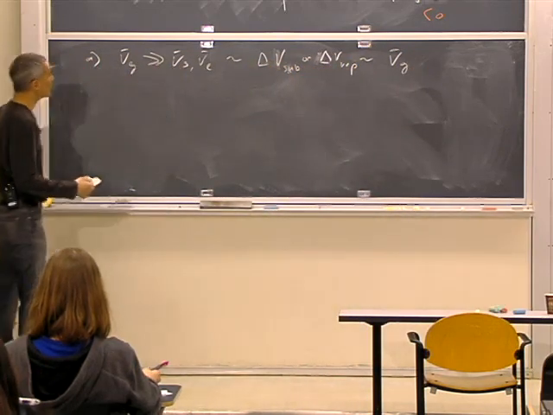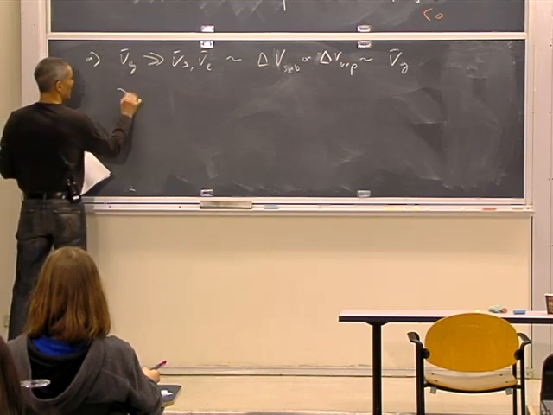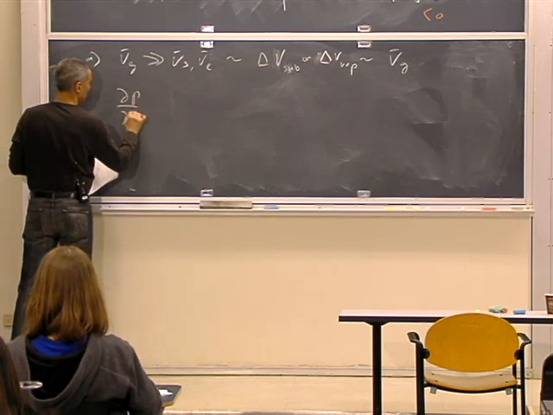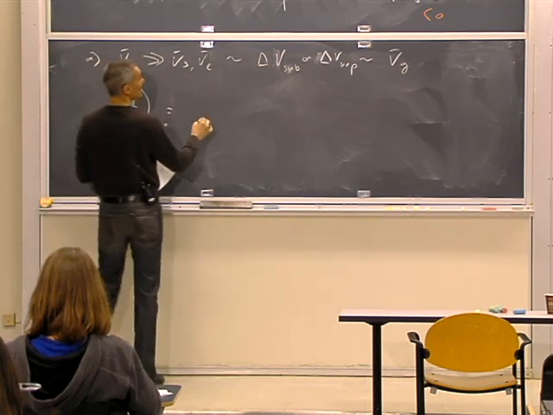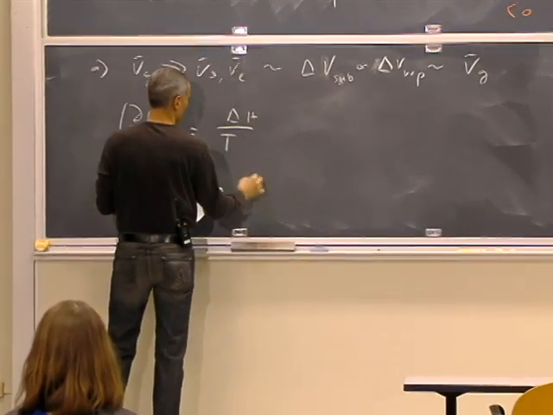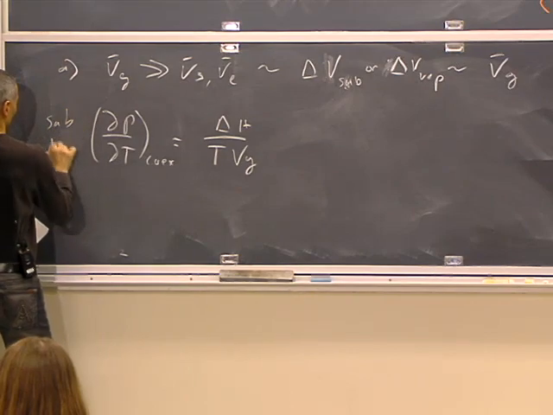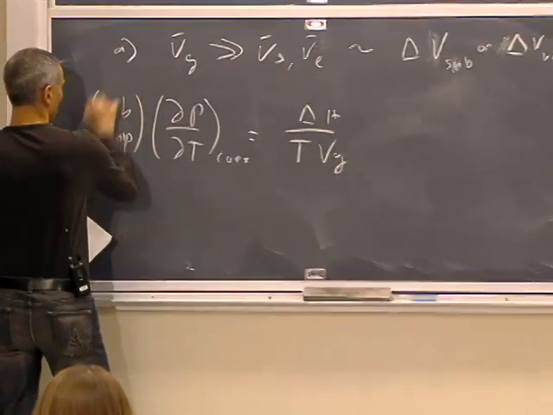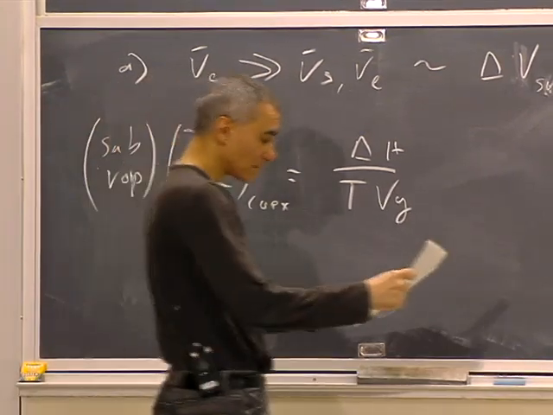So now if you go back to the Clapeyron equation up here, with this approximation, then dP dT at the coexistence line is delta H divided by T V gas for sublimation or vaporization. Right? You don't have the delta V down there anymore.